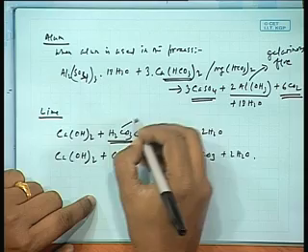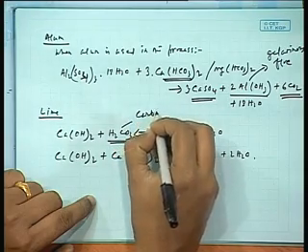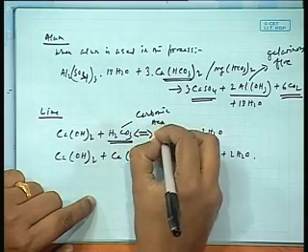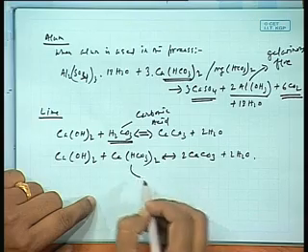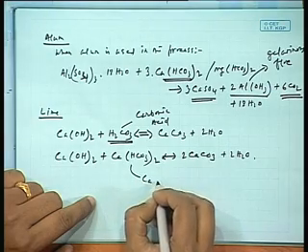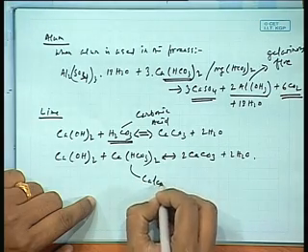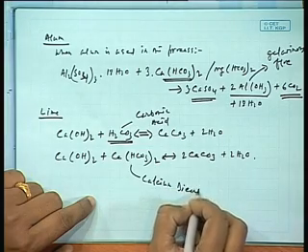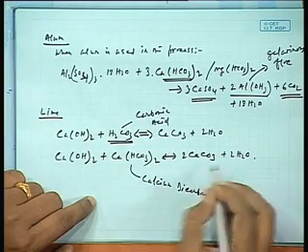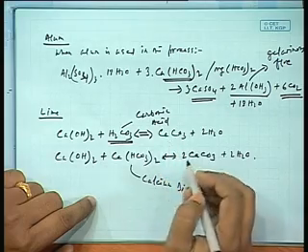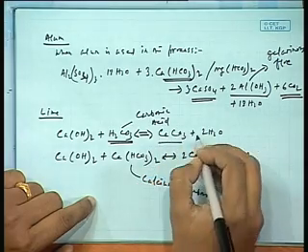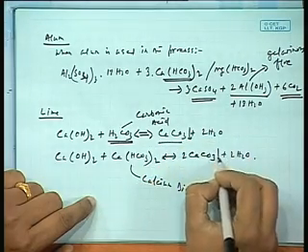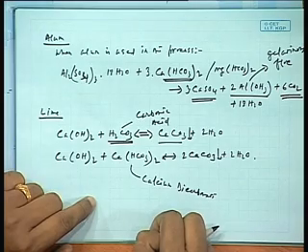This is carbonic acid, and this is calcium bicarbonate, as you know. So as a result of this, calcium carbonate begins to precipitate.